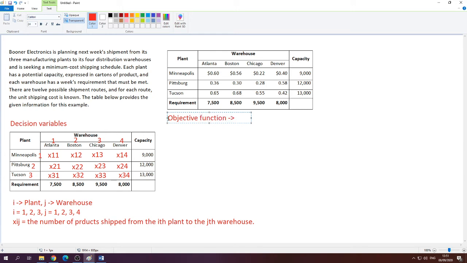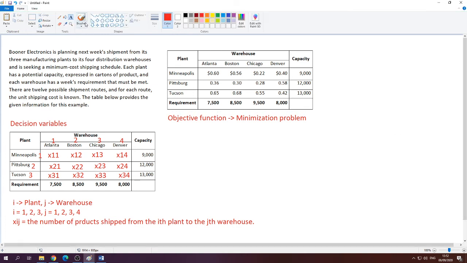It is very clear that the company wants to minimize the cost of shipping. Okay, so it is a minimization problem, and we have cost data over here.